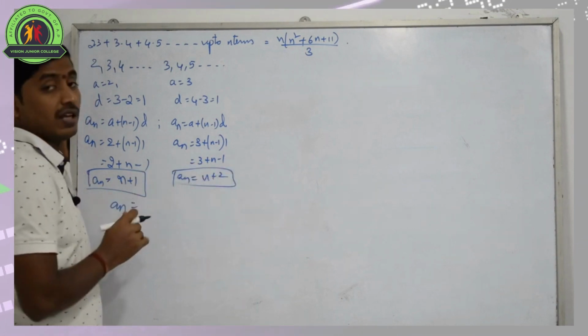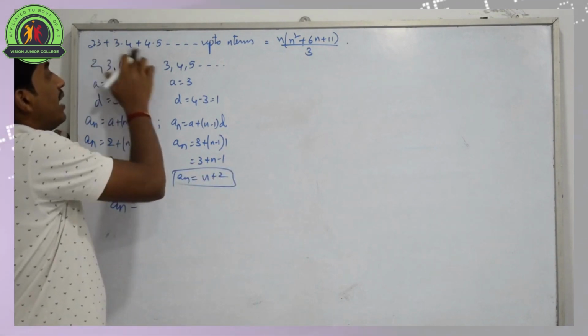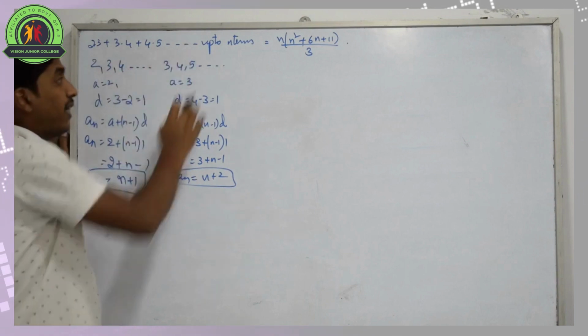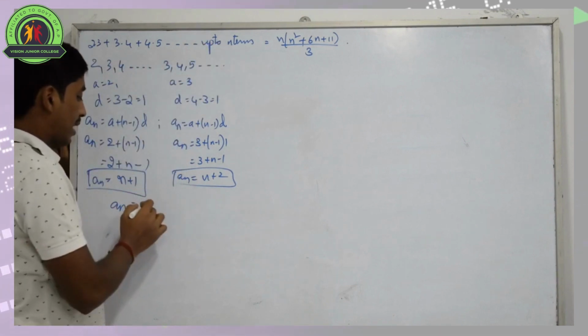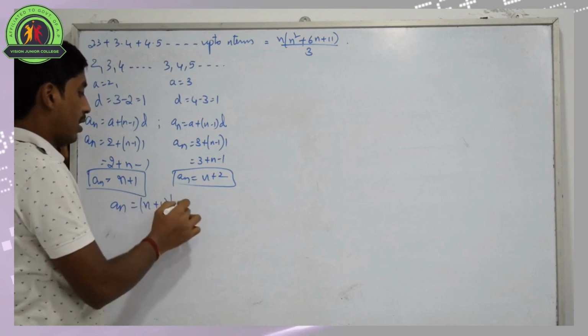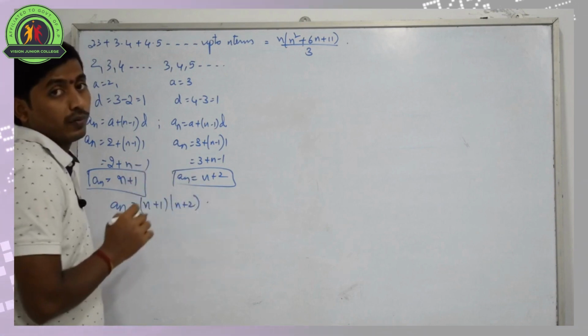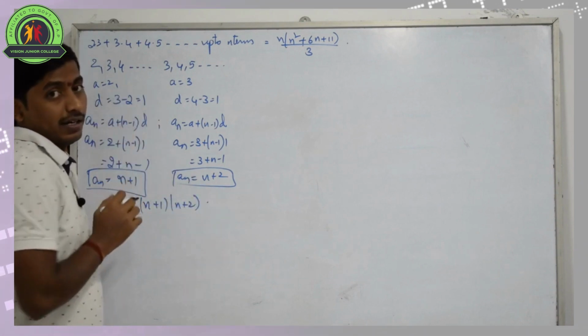What is the nth term now? Tell me. Here, whatever it is, we are multiplying two terms. Finally, the nth term is also the multiplication of n plus 1 into n plus 2. Now we can directly write it.